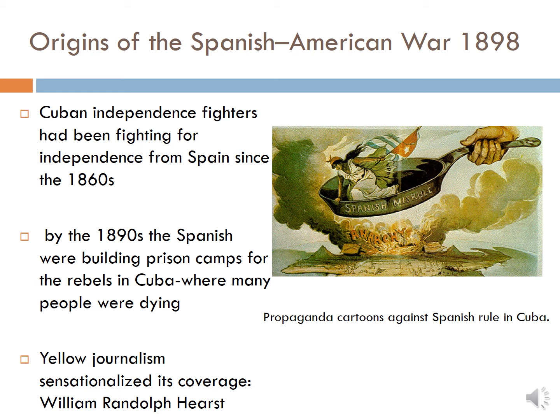And William Randolph Hearst, in particular, when it came to this issue of Cuba, really began to play up the issue of Spain being the bad guy, Spain oppressing the Cuban people. And he starts to kind of get the American public to try to care about the Cuban people in their fight for independence. He also has some ulterior motives here.